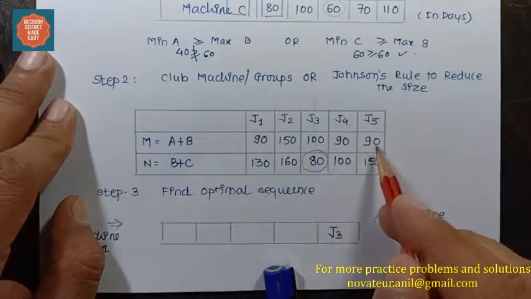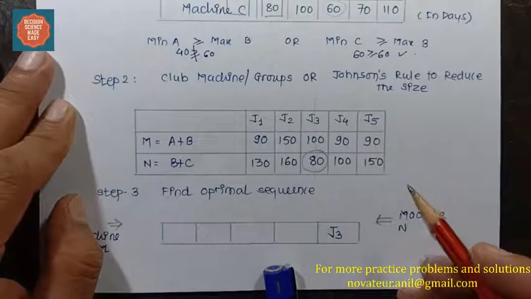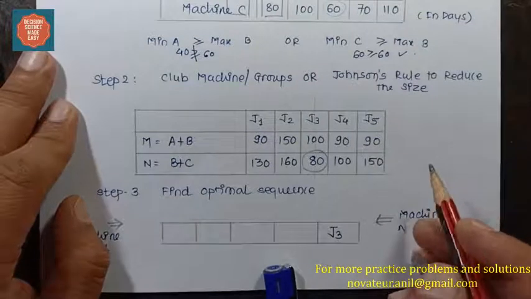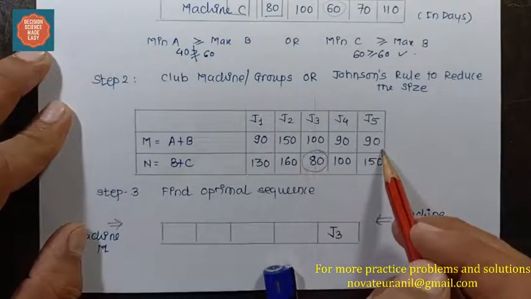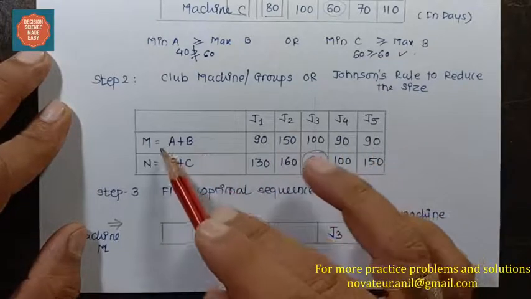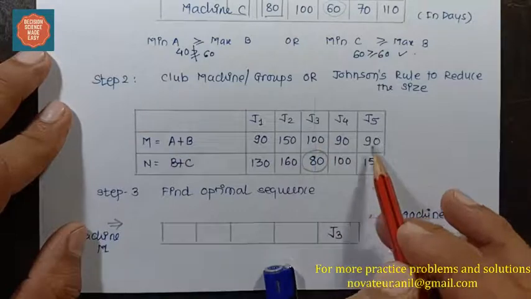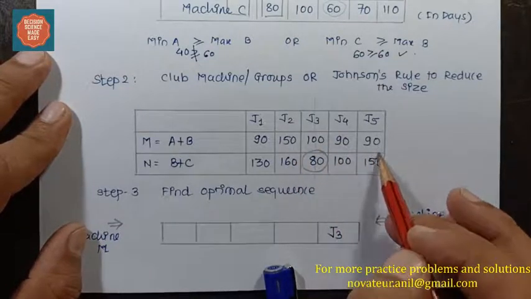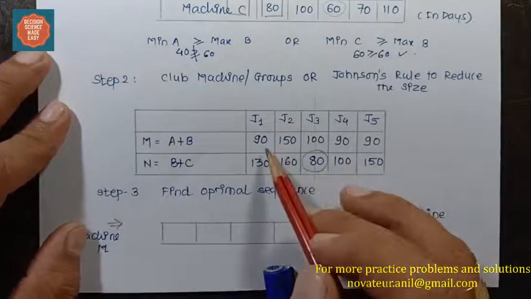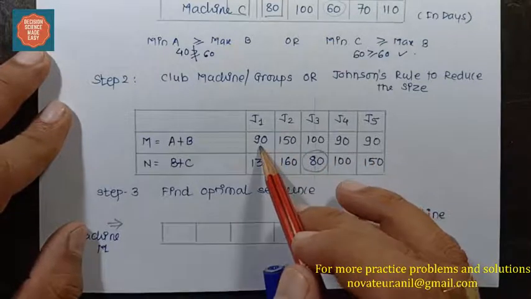Now we have 90, 90, 90, so you can choose any sequence, that is no problem. Whenever we get similar values and all belong to the same machine, you can choose any of them. There will be multiple possible sequences, but the ultimate result is not going to vary. I'm going by the rule of thumb, from left to right.